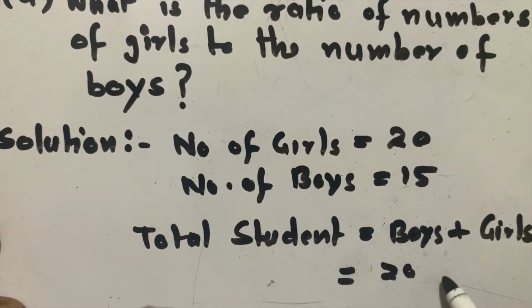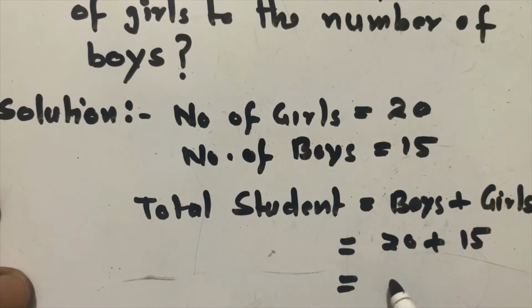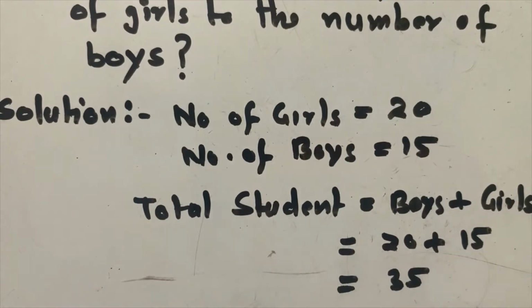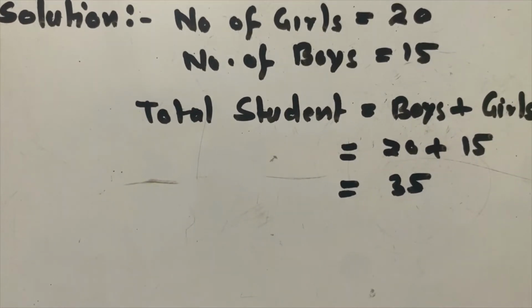20 girls plus 15 boys is equal to 35 total students. The first question is, what is the ratio of the number of girls to the number of boys?